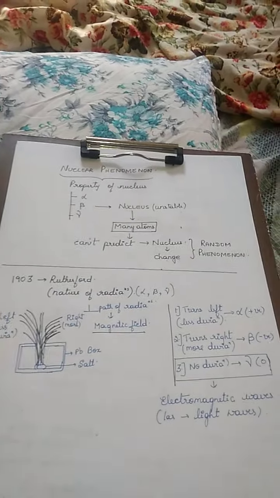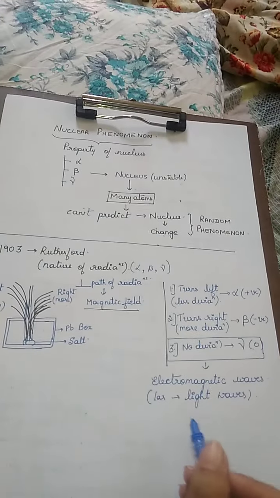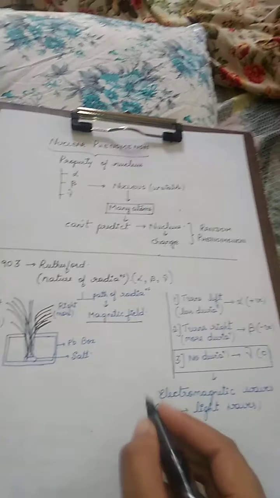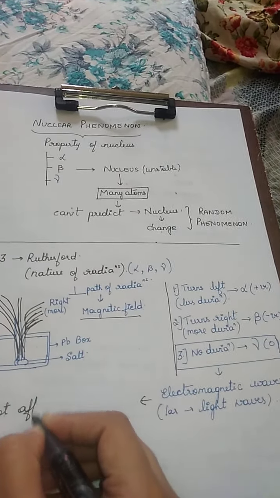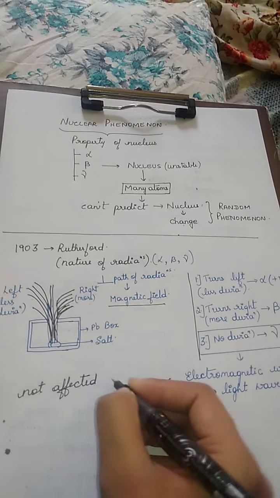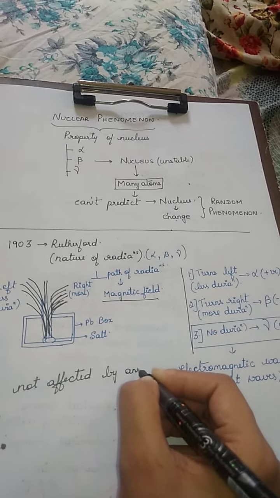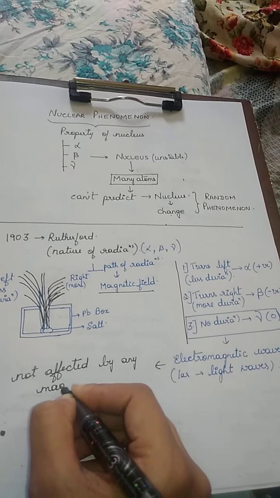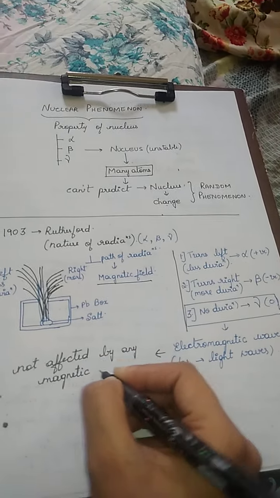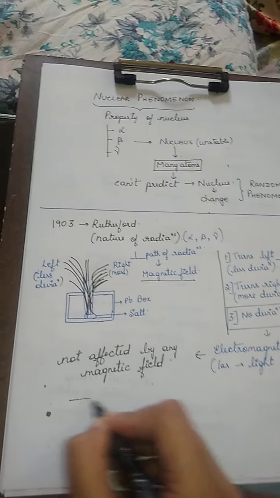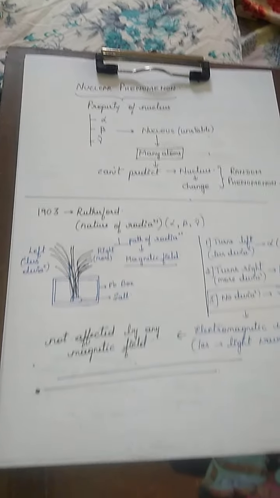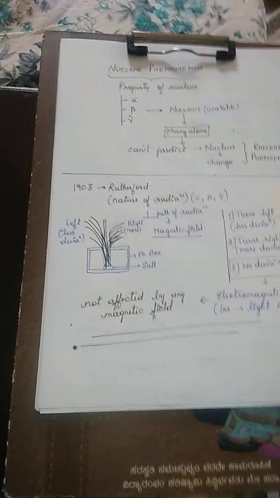So the gamma rays are electromagnetic waves, similar to light waves, and they are not affected by any kind of magnetic field. So this is about the magnetic field. You have seen the magnetic field, correct?